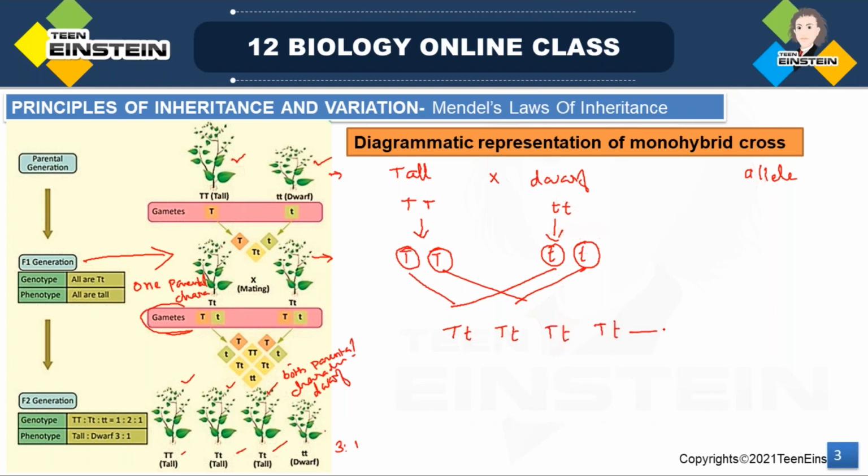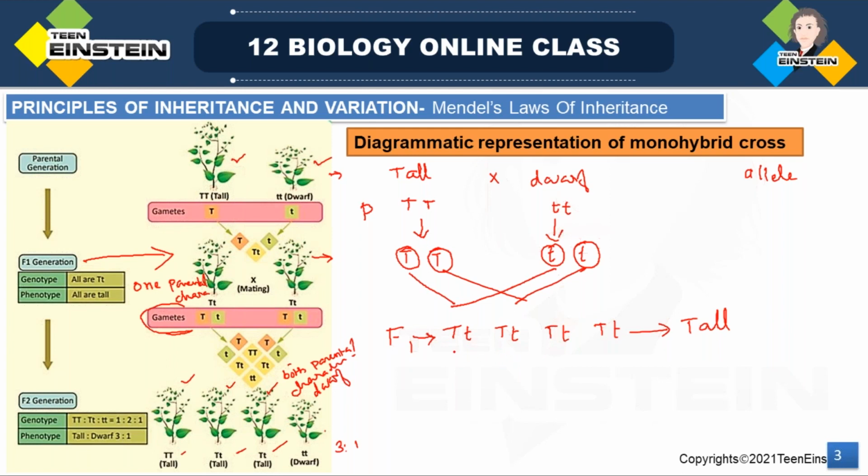In the F1 generation, all will form tall plants. You can see only tall plants, meaning there is only one parental character. Here you can see the heterozygous condition. It is not in homozygous condition, yet it shows the parental character which is dominant. So the tall condition is expressed here.